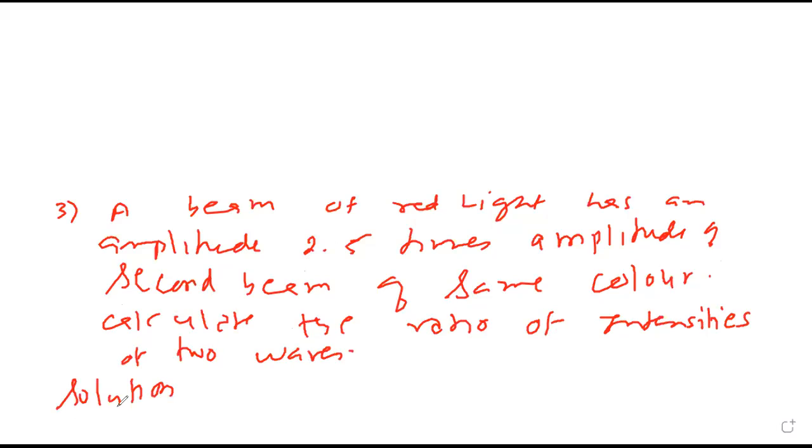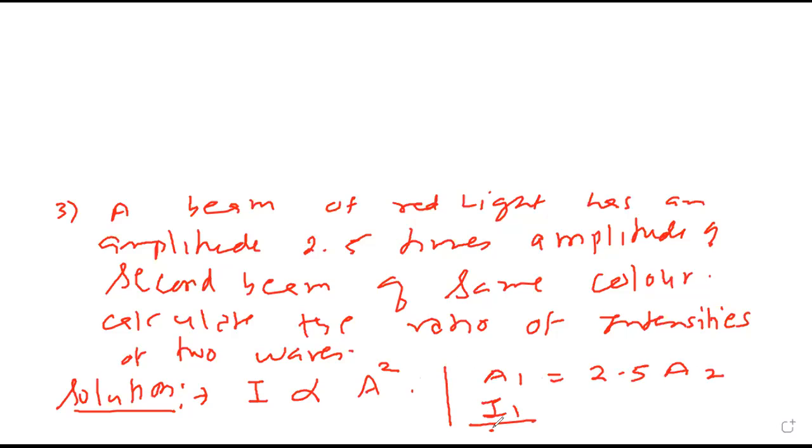So one wave amplitude is 2.5 times the other, then find the intensity. Now we know that intensity is equal to the square of amplitude. Red light has amplitude 2.5 times the amplitude of the second wave. So A1 is 2.5 times A2.